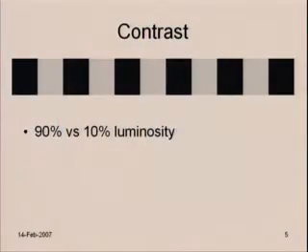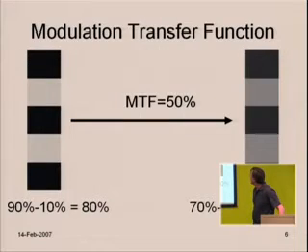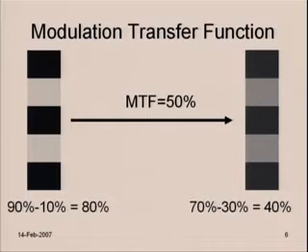So just to calibrate you for what we're going to see in a second, this is a 90% versus 10% alternating series of squares. The way a modulation transfer function works is you can imagine you have a surface, and the surface might have a series of white and dark lines on it. A fairly bright white that you can get might reflect as much as 95 to 97% of the light hitting it.